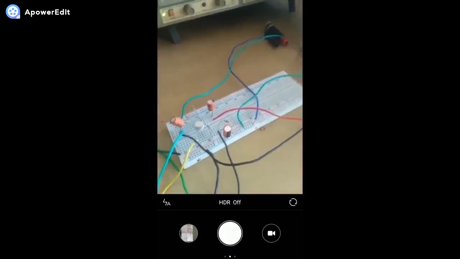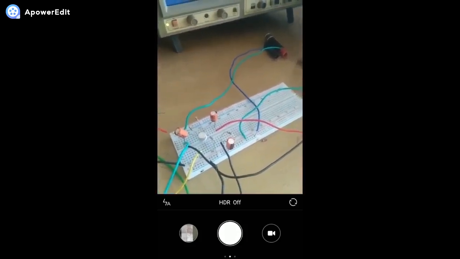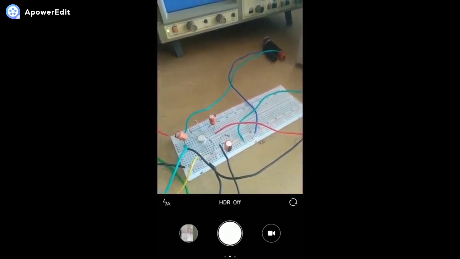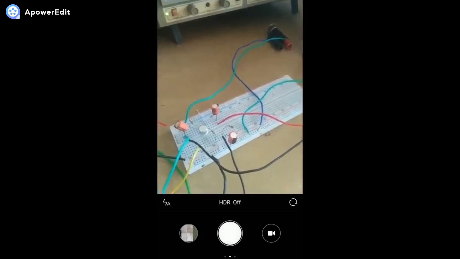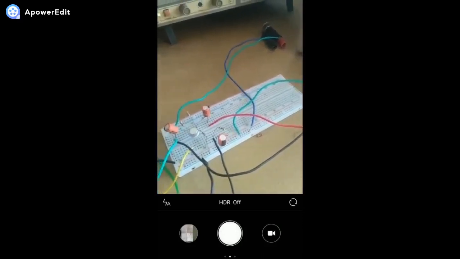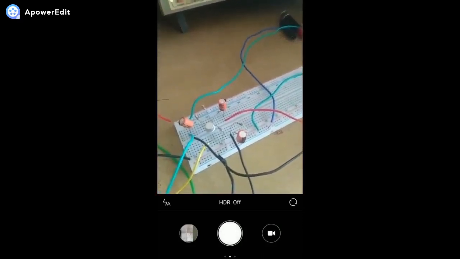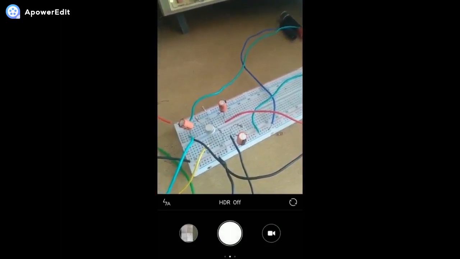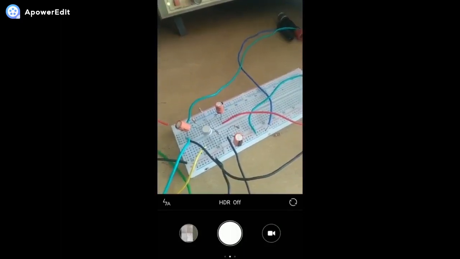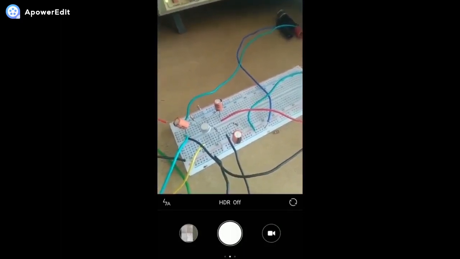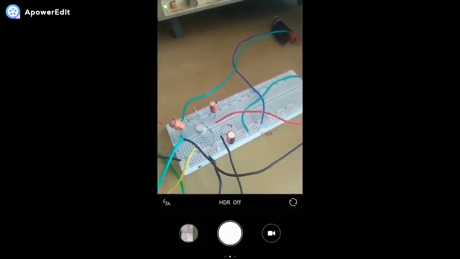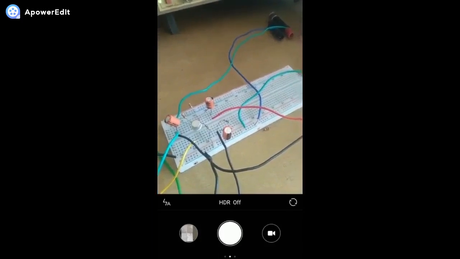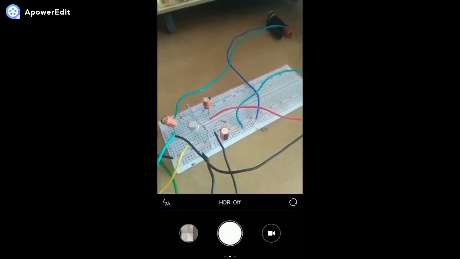Now I will show the demo of the Colpitts oscillator circuit. According to the circuit diagram, we connected it on the breadboard, with resistors and 3 electrolytic capacitors. Out of the 3 electrolytic capacitors, 2 are coupling capacitors and 1 is the bypass capacitor at the emitter side.